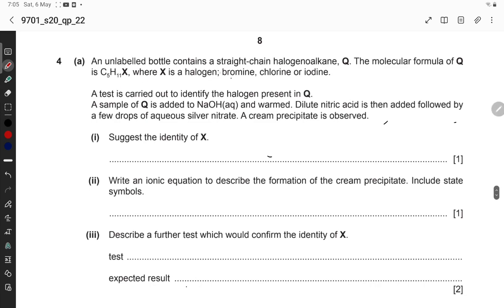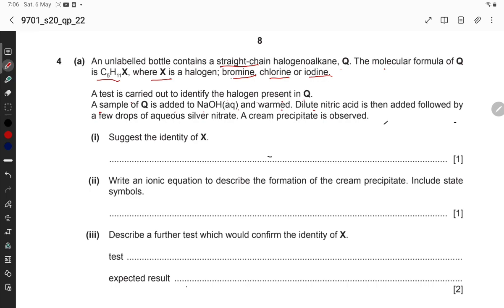An unlabeled bottle contains a straight chain haloalkane Q. The molecular formula of Q is C5H11X, where X is a halogen: bromine, chlorine, or iodine. A test is carried out to identify the halogen present in Q. A sample of Q is added to sodium hydroxide and warmed.